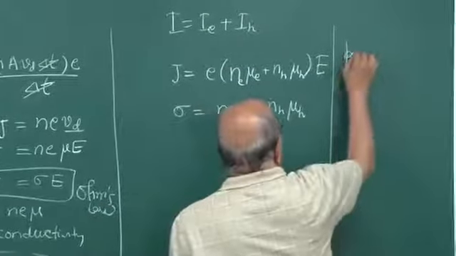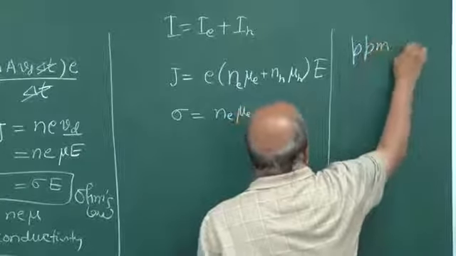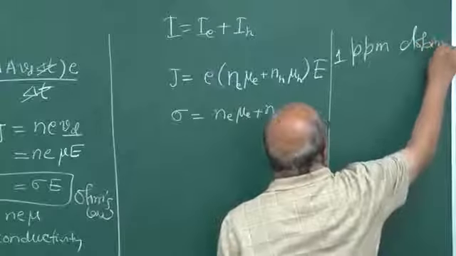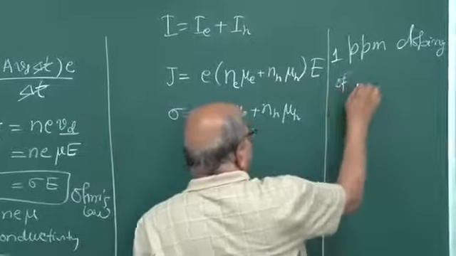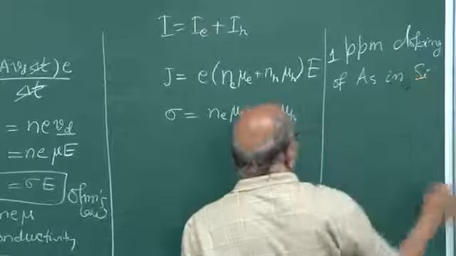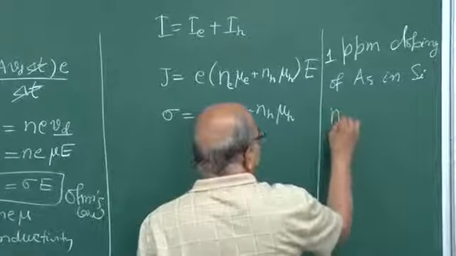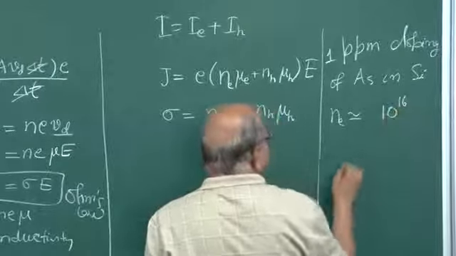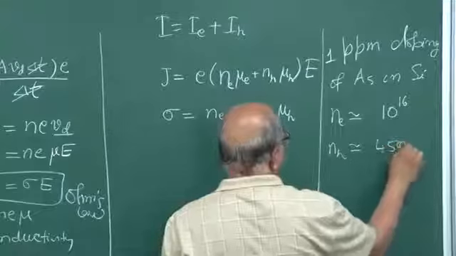If you have an n-type, 1 ppm doping of arsenic or phosphorus in silicon, we saw that the number of conduction electrons is of the order of 10 to the power 16, whereas the number of holes was just 4,500.